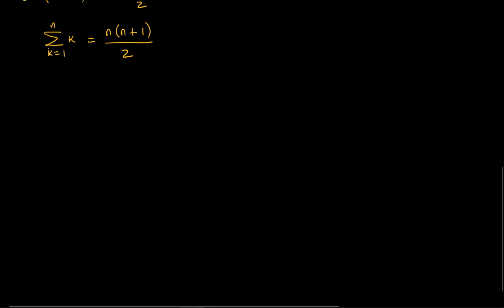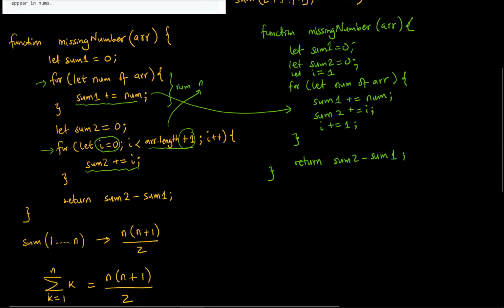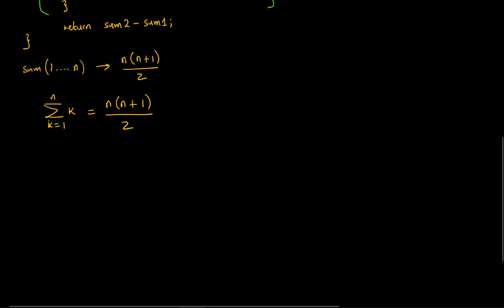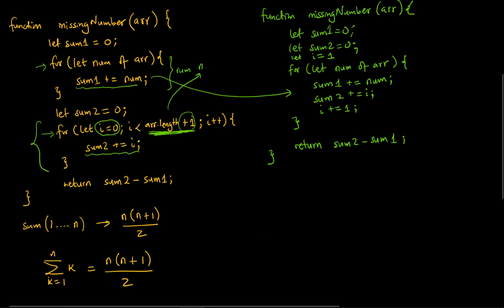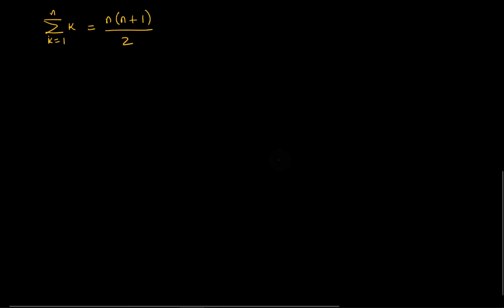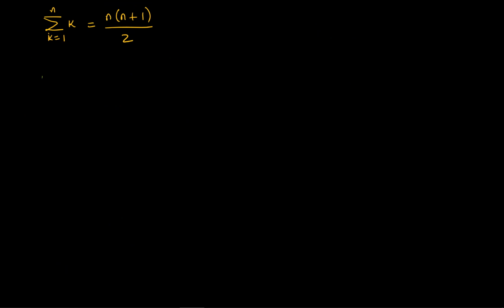So if we use the summation rule, we will not need to do this part where we were summing up these numbers. Once we have our n, we can apply the summation rule. So let's rewrite this function of ours again, function missing number. Takes an array.